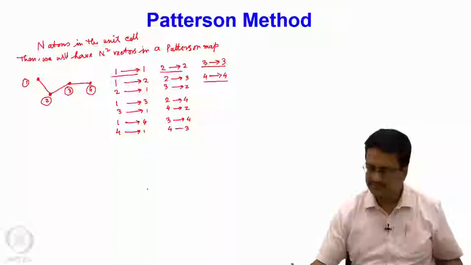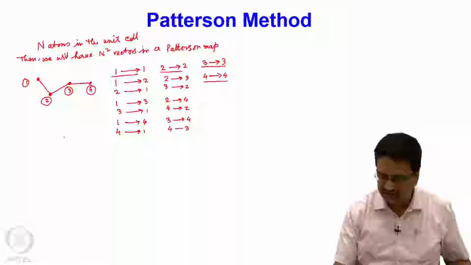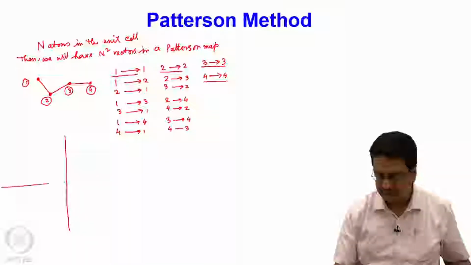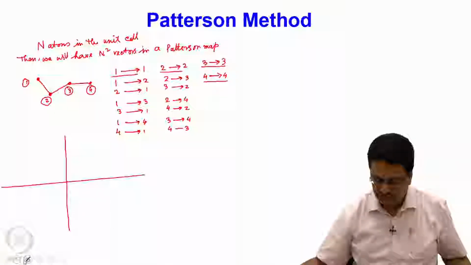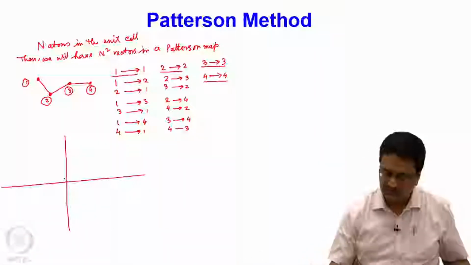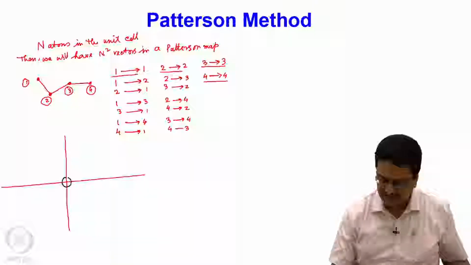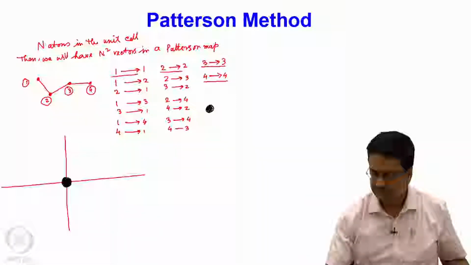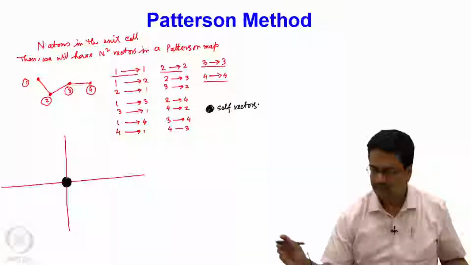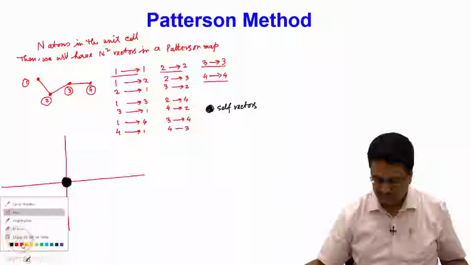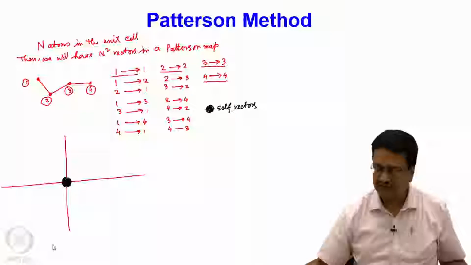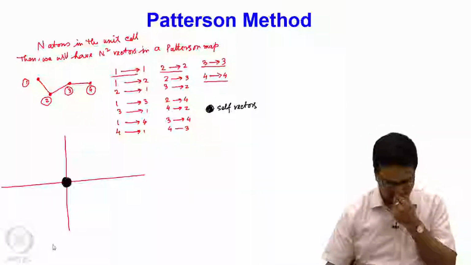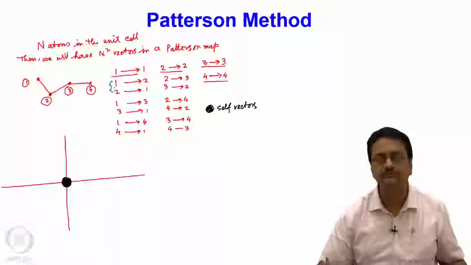So, if I have a Patterson map plotted here for this particular molecule, we should have a large central peak corresponding to all self vectors. Other than that, now we have the opposite vectors 1 to 2.